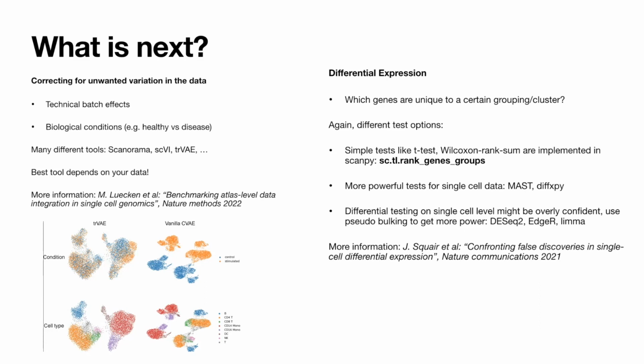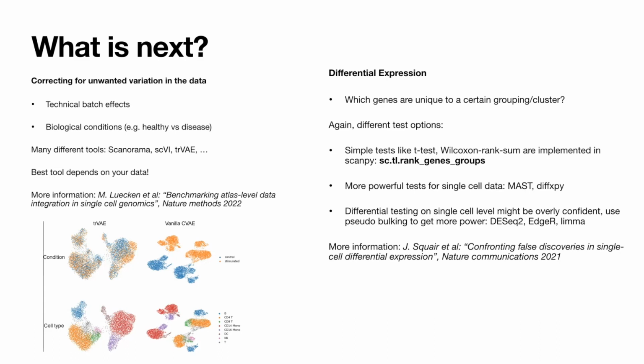Maybe the temperature in the lab was slightly different. Maybe the technician did something a few minutes later than it's usually done. All of these factors may result in batch effects in your data that might hinder your ability to analyze all of these data at the same time.